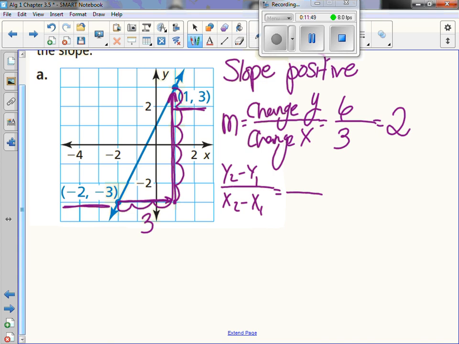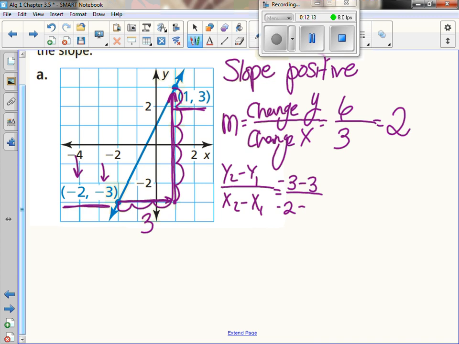It doesn't matter. We can use negative 3 minus the other one, 3. Once I decide which y goes first into this equation, its x value has to go first as well. Since I chose negative 3 to go first, negative 2 has to go first on the bottom.